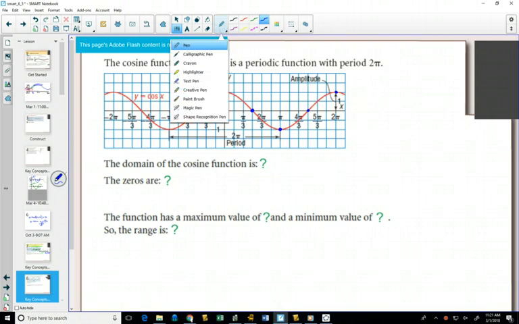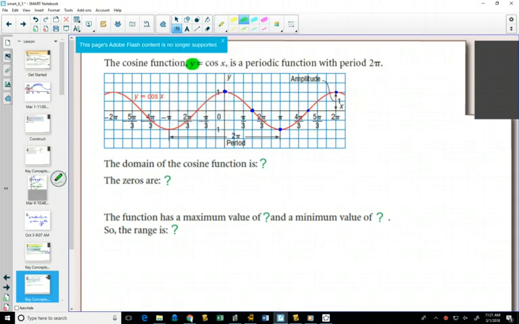Again, the period is how long it takes to repeat itself. And the period of cos, since that graph is identical to sine, just shifted left and right, is going to be the same. So again, they started from the minimum here and asked how long it takes to go from one minimum to the other. You'd have to count the distance between -pi and pi. It might be easier to start at 0.